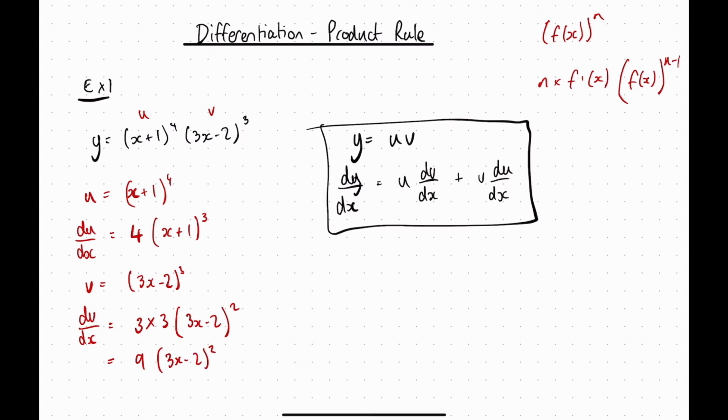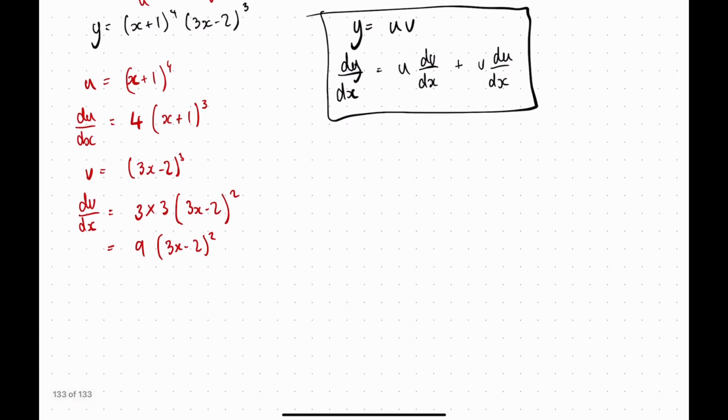And then, once you've got your dv dx and your du dx, we put it into this form, which is just u dv dx plus v du dx. So, dy by dx is going to be equal to my u term, which is x plus 1 to power 4, times dv dx, which is 9 times 3x minus 2 squared, plus my v.